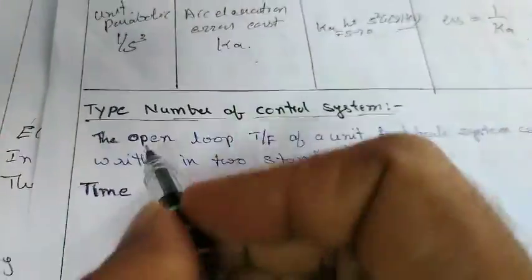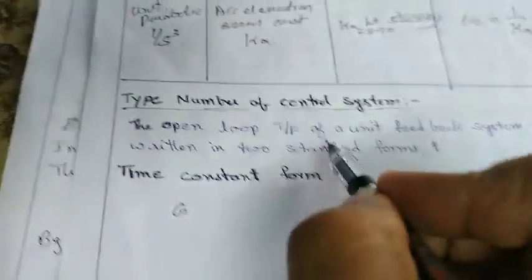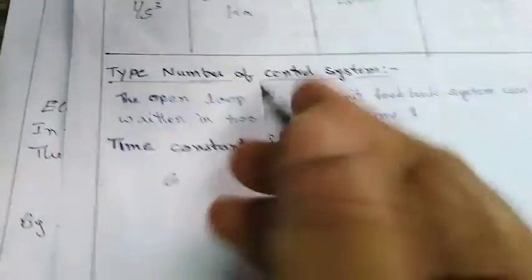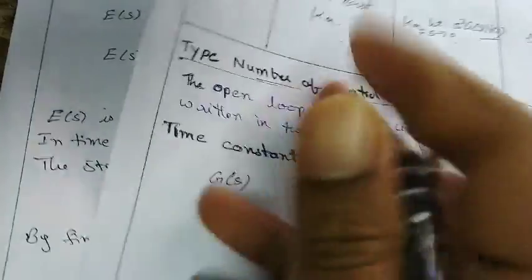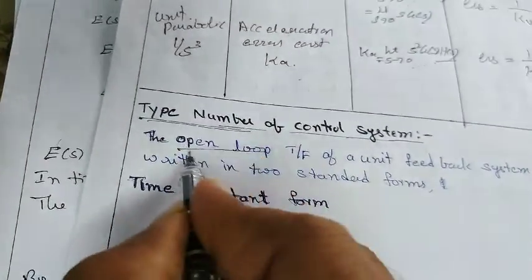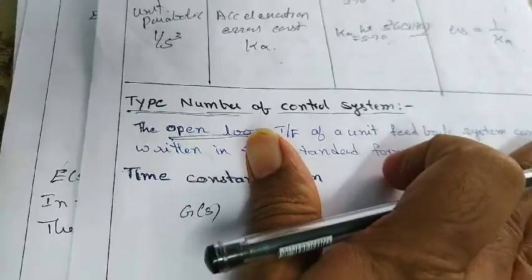The open loop transfer function of a unity feedback system can be written in two standard forms. The first standard form I am writing is for the open loop transfer function. Please remember the type number is defined only for open loop.